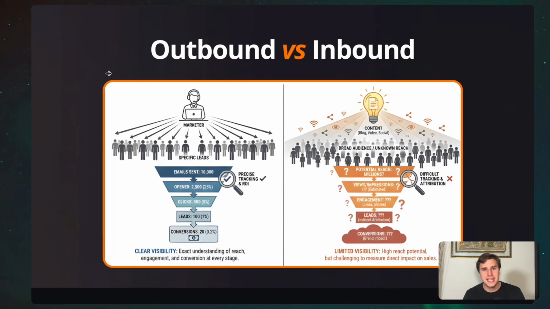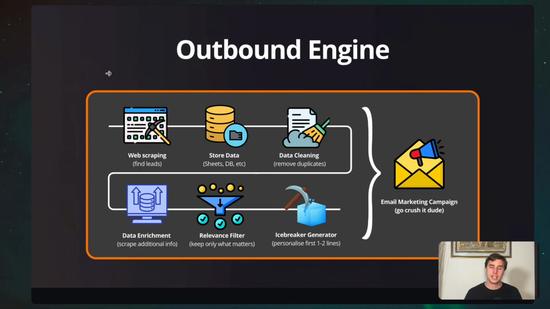So how do we make an effective outbound strategy? We make it with an outbound engine. And this is what we're going to be building. We're going to be building it with an agentic workflow that starts scraping the leads that we want. Let's imagine 10 CEOs from the UK in the recruitment industry. Then we're going to store these leads somewhere. We're going to clean them and enrich them with information from the website.